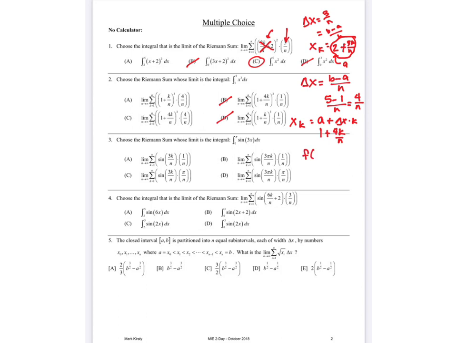And what is f of x sub k going to look like? What's f of x? X cubed. So f of x sub k is going to be that stuff cubed. And I'm going to multiply f of x sub k times delta x in my sum.